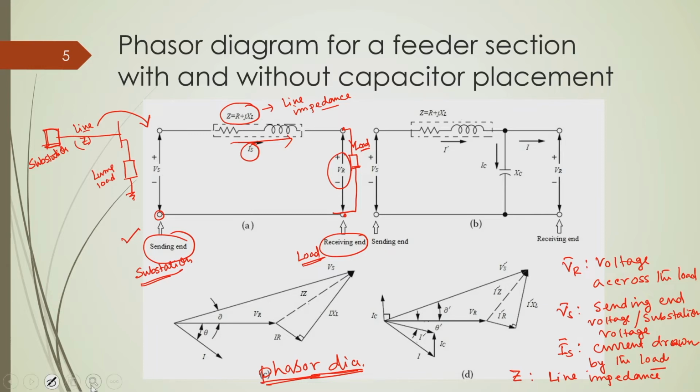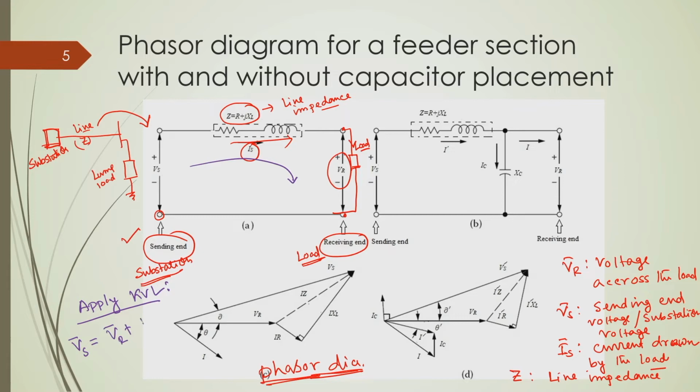So, in order to find this algebraic expression, let us apply KVL across this loop. If we apply Kirchhoff's voltage law, then what we will get? We will get the sending end voltage V s is equal to the receiving end voltage V r plus the line drop.